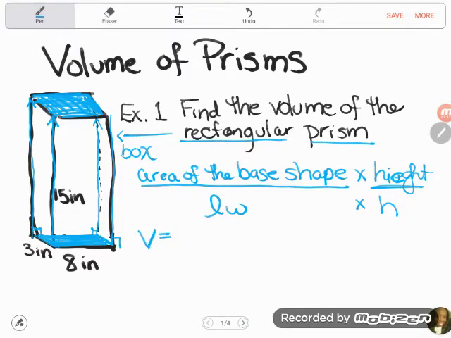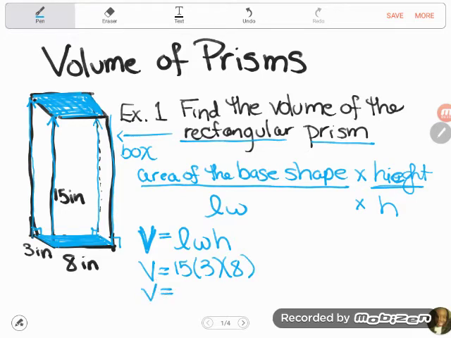To find volume, we're finding volume. We're going to multiply length times width times height. So literally, I will just multiply those three dimensions. And I don't care if you show me it in formula form or if you just know to multiply those three dimensions, you're going to get the same answer. But I am a mathematician. I speak in complete math sentences, so I'll put that V equals.